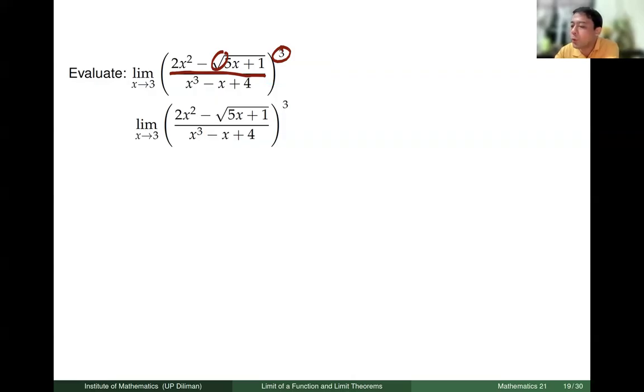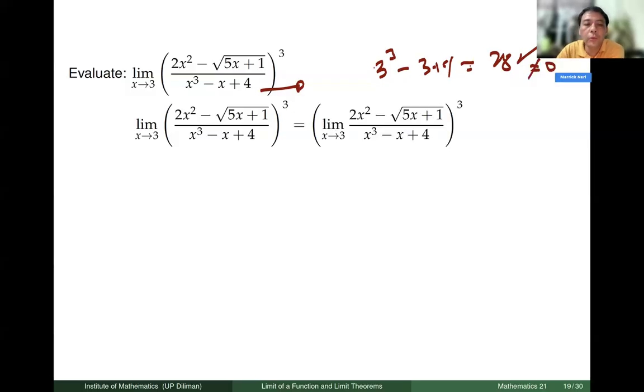And when x is equal to 3, it is good to immediately check the denominator. So what is 3 cubed minus 3 plus 4? So that is 27 minus 3 is 24 plus 4 is 28. So, okay naman. Hindi naman siya 0.